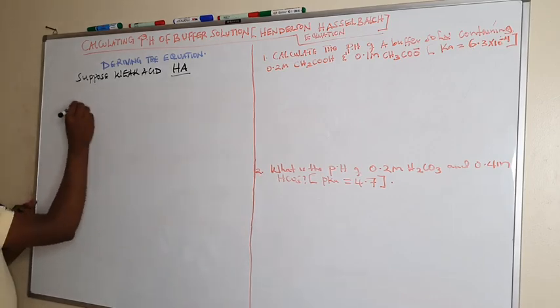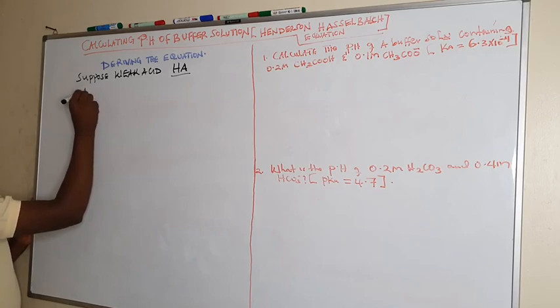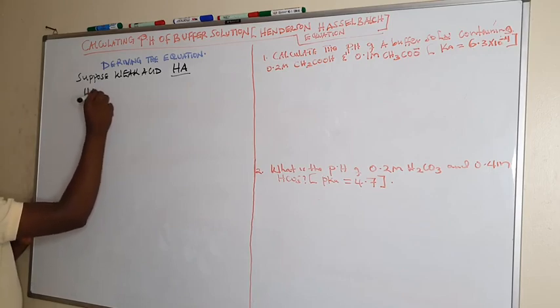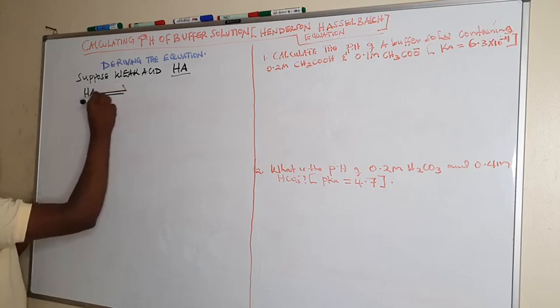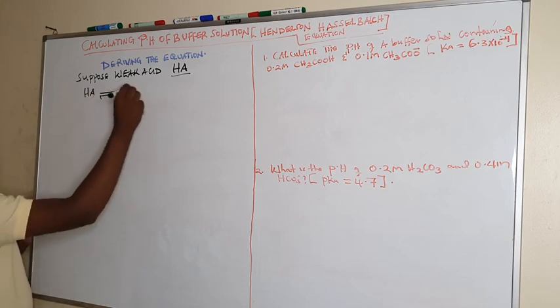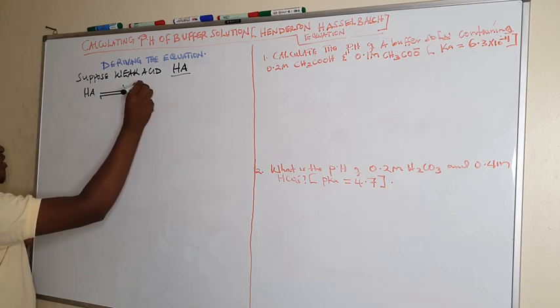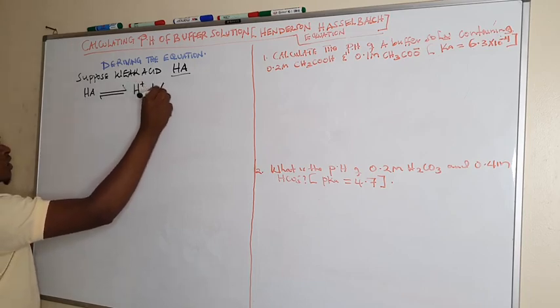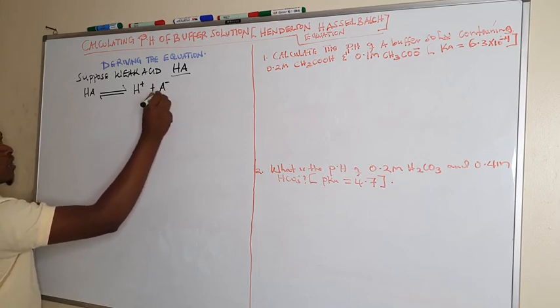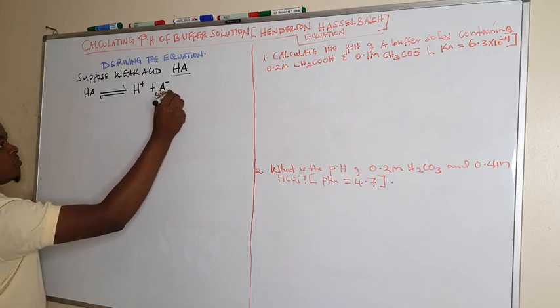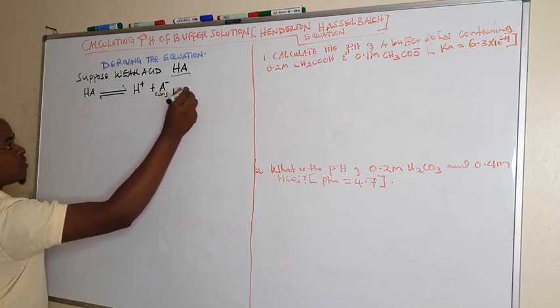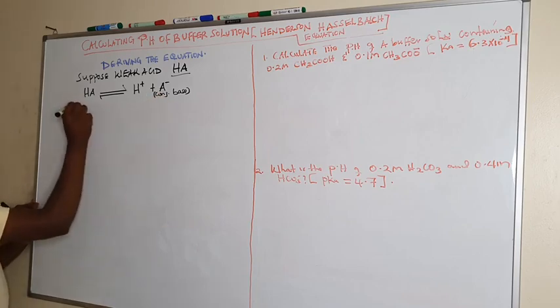This weak acid dissociates partially, since it is weak, to liberate hydrogen ions plus a conjugate base. So this one becomes a conjugate base, whereas this one is a weak acid.